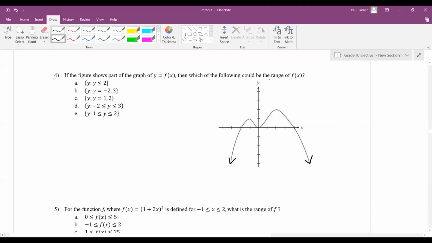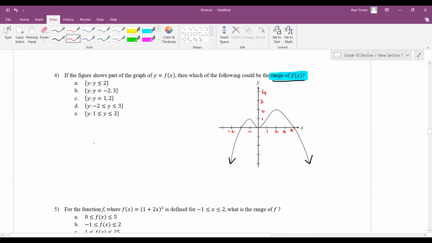So which of the following could be the range of f? Can anyone tell me? Look at your numbers. We also need to number. 1, 2, 3, 4. -1, -2. 1, 2, 3, 4.